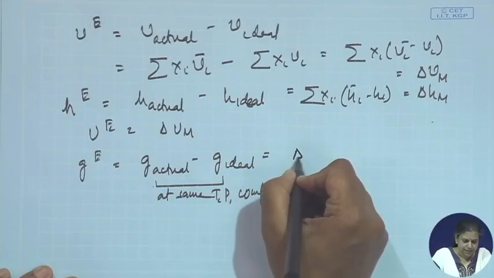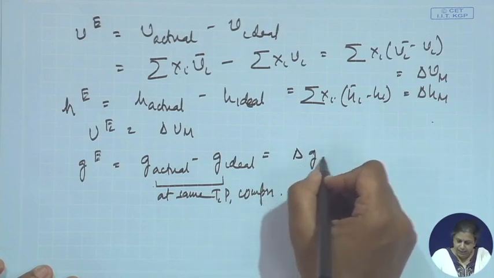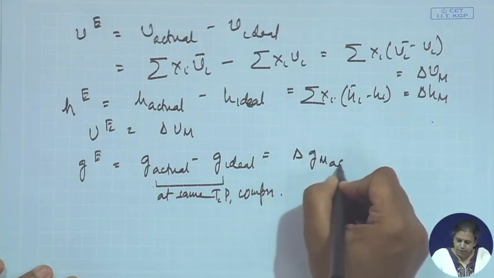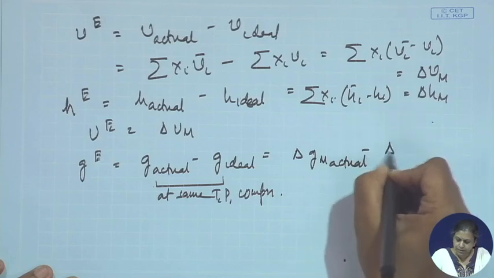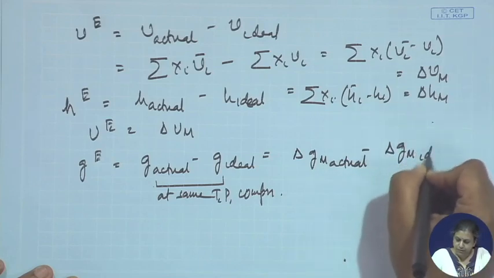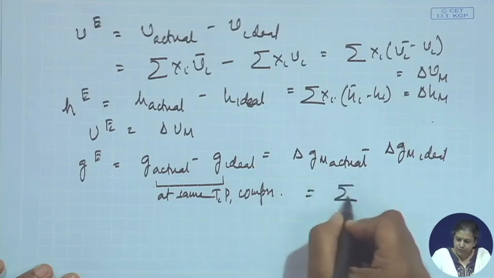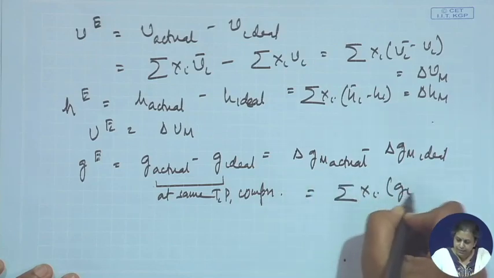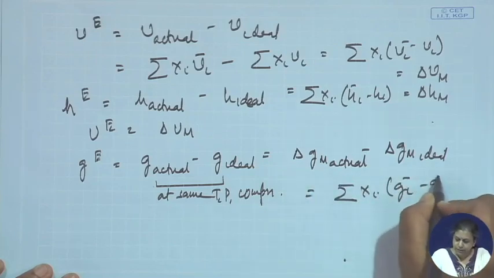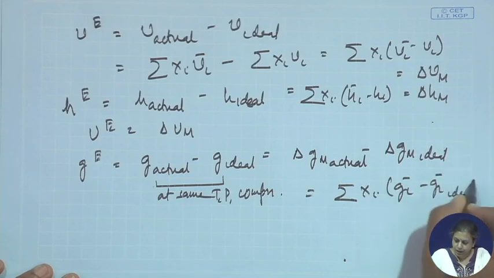Because we cannot define the absolute value of Gibbs free energy for any particular substance in any particular state. We always need a datum, as you remember. So, this can be expressed as delta G m actual minus delta G m of mixing ideal, agreed, which can also be referred to as xi gi bar minus gi ideal.